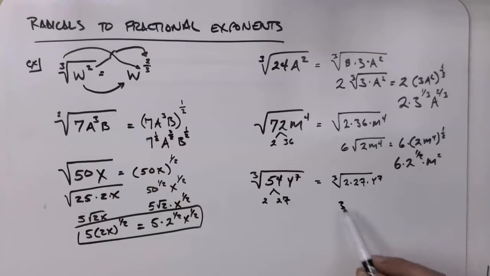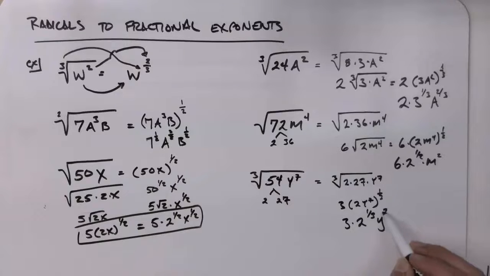Cube root of 27 is 3. And then you'd say, well, this is 3 times 2y to the 7th to the 1/3. And then you'll bring the 1/3 in. You'd say, well, this is 3 times 2 to the 1/3 y to the 7/3. Okay. And that's what it would look like.